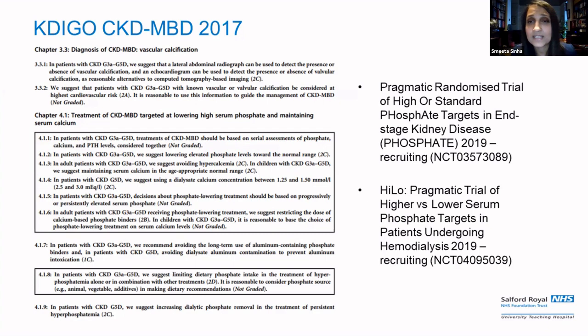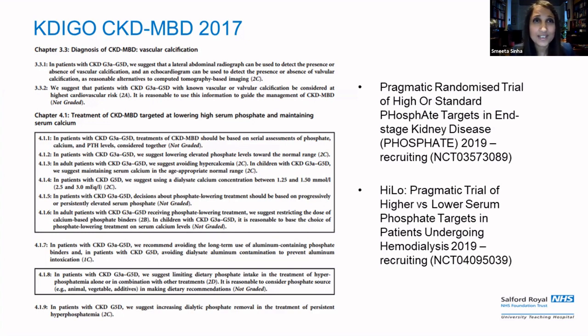In fact, HiLo's completed recruiting, which are looking at phosphate targets. Is there any point lowering phosphate? If calcification is such a complex issue, why are we bothering? And does lowering phosphate actually result in an improvement in outcomes? So I think the results of those trials will really help formulate not just what we do for phosphate management, but how that impacts on our treatment of vascular calcification.